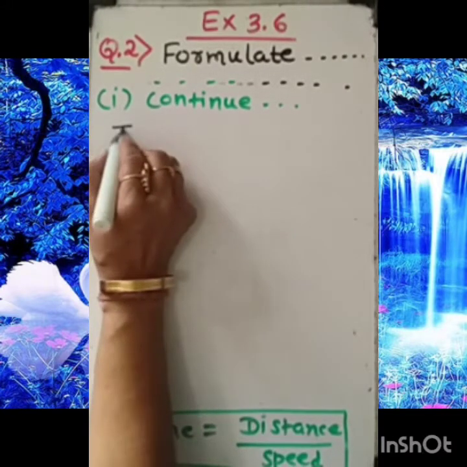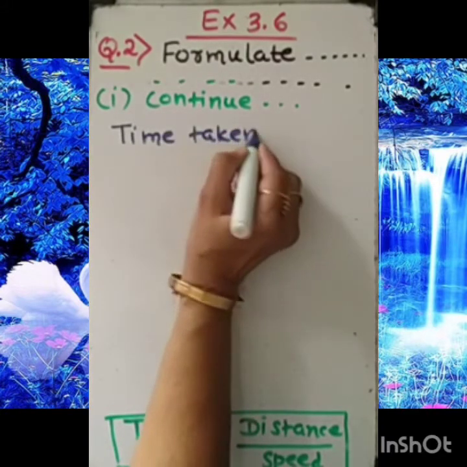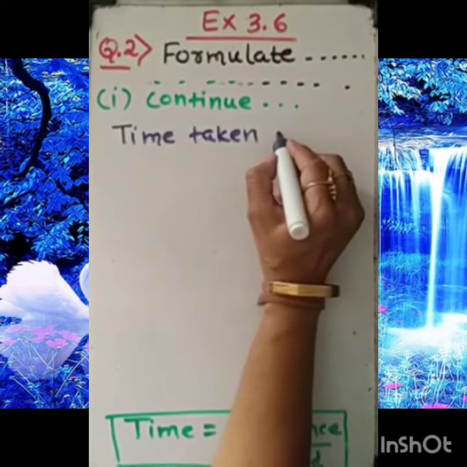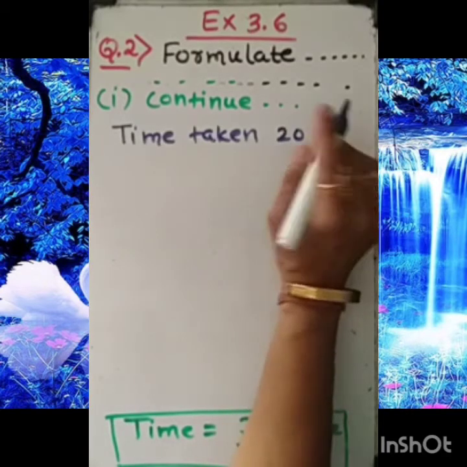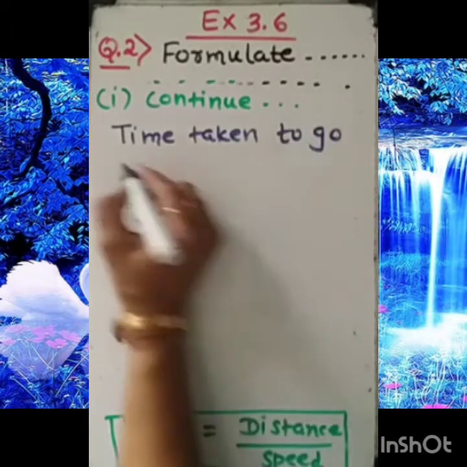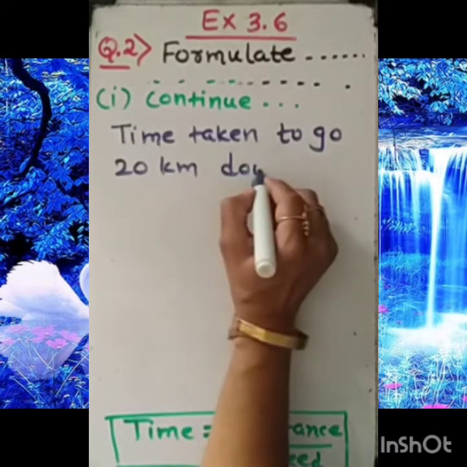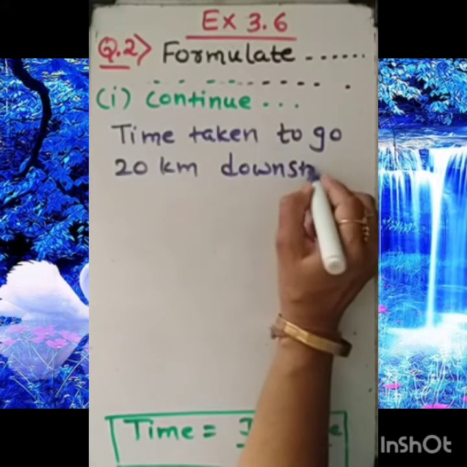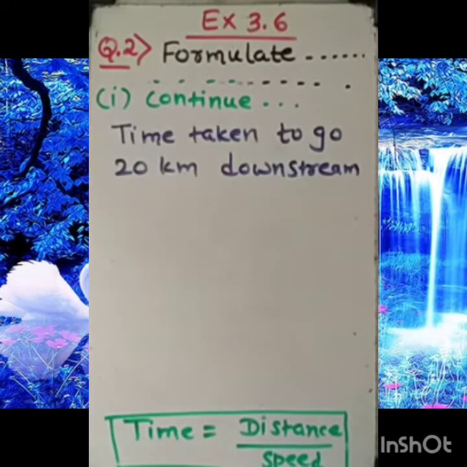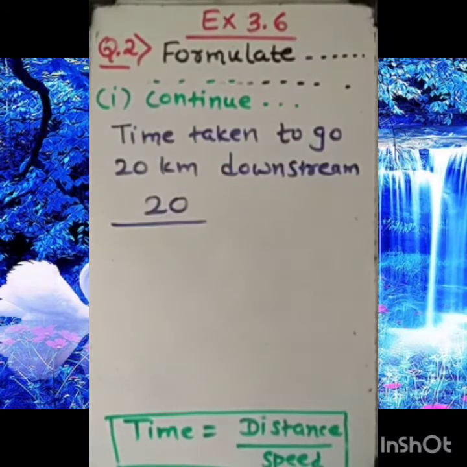So we need to find the time taken to go 20 kilometers downstream, and when we are going downstream, of course the speed is x plus y. The formula will become this way: distance, 20 kilometers, upon speed.